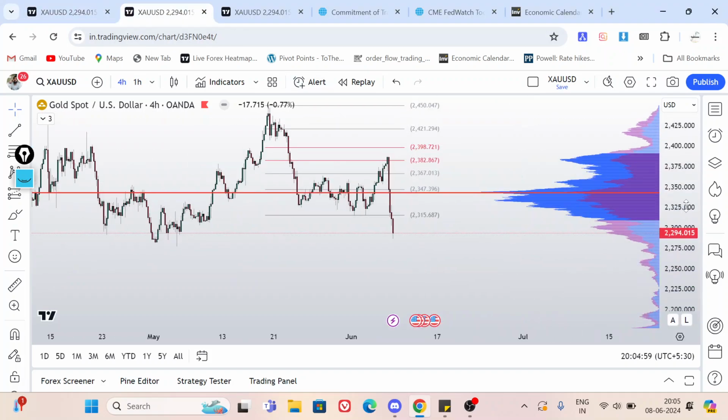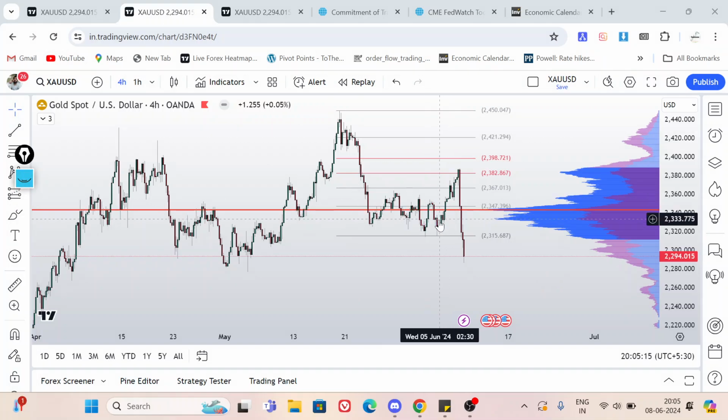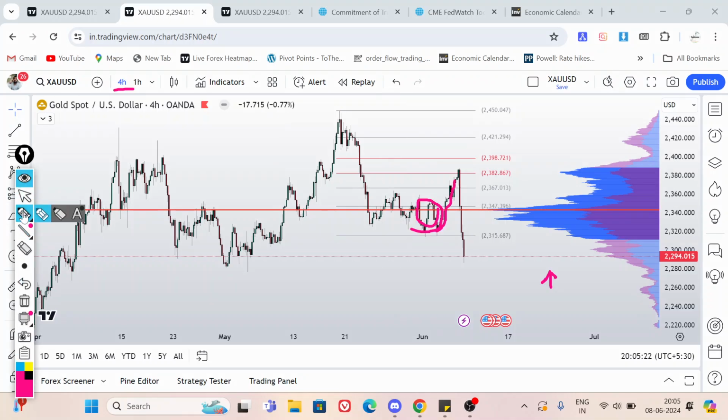So in the previous week, on our time frame, we have seen consolidation for the first 2 days, that is Monday and Tuesday, and on Wednesday we have seen a good bullish run. You can see from here the price was trading inside a consolidation range like this, right over here and this low.